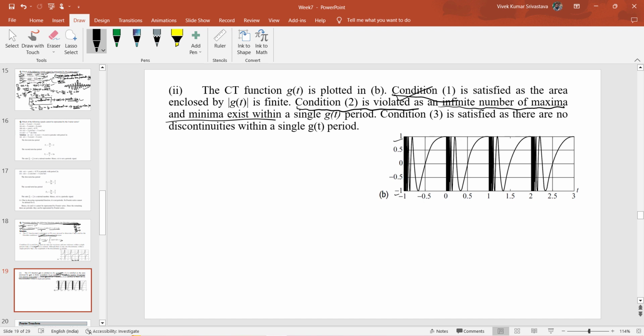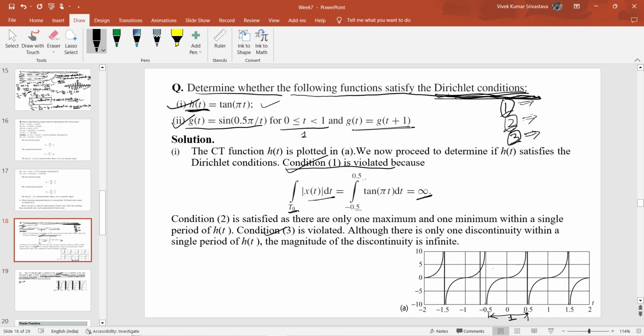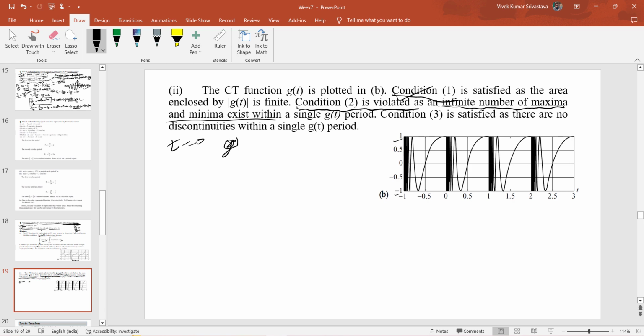Here, at t equals 0, g of t is sine of 0.5 pi by 0, which is sine of infinity. At infinity we cannot predict what the value of g of t will be. It varies from -1 to 1, but we cannot predict the exact value, so it can be anything from -1 to 1.